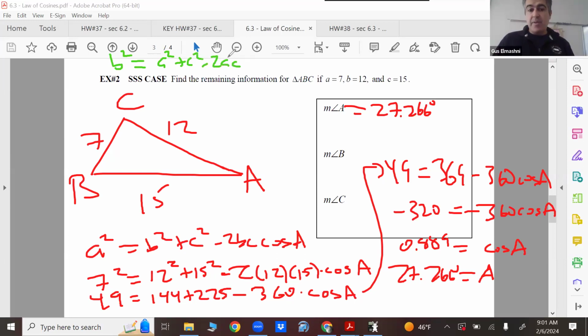Again, you can do law of sines or law of cosines. We'll just do law of cosines again. So you're going to have 12 squared equals 7 squared plus 15 squared minus 2 times 7 times 15 times cosine b.